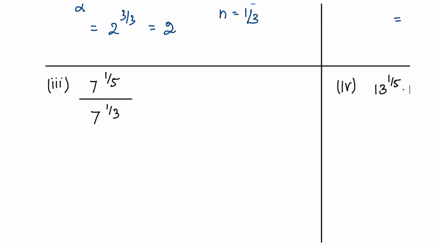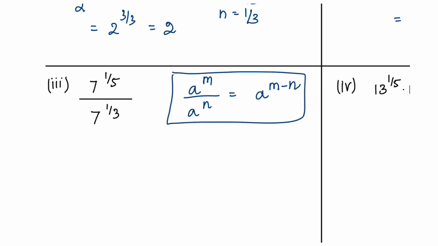Now to the next subdivision of this question, 7 power 1 by 5 divided by 7 power 1 by 3. To solve this question, we have another formula. What is it? a power m divided by a power n is equal to a power m minus n, and this is the formula that you are going to use for this example.